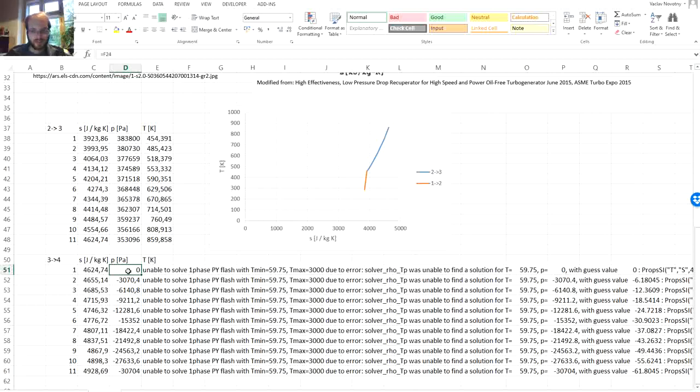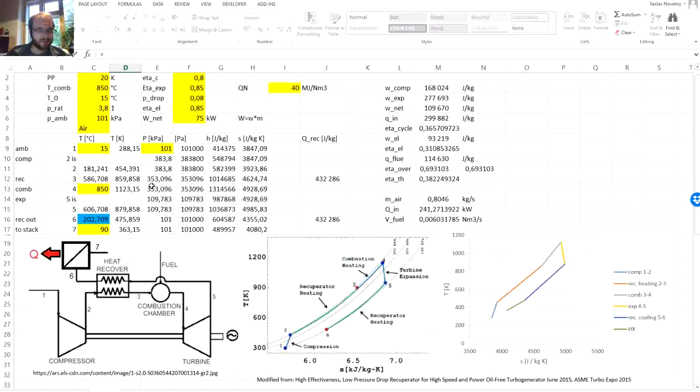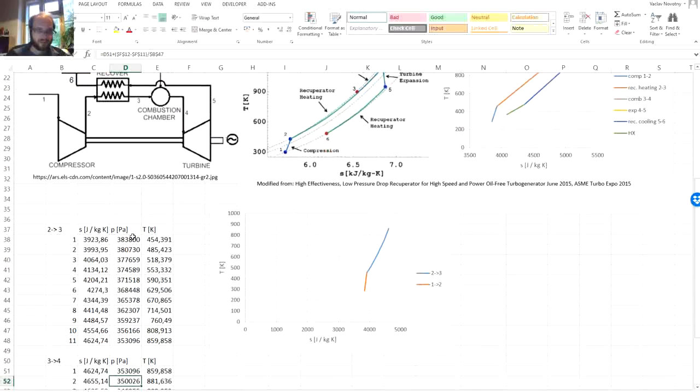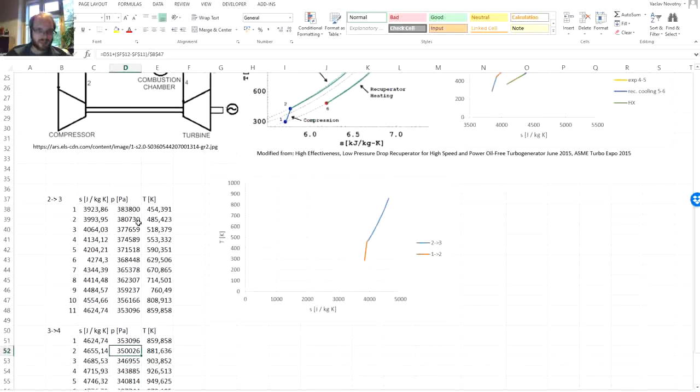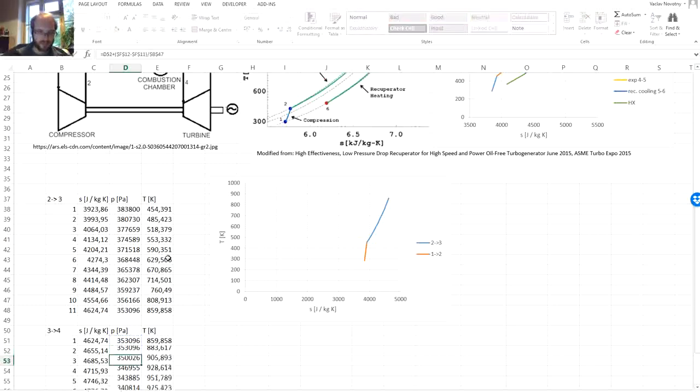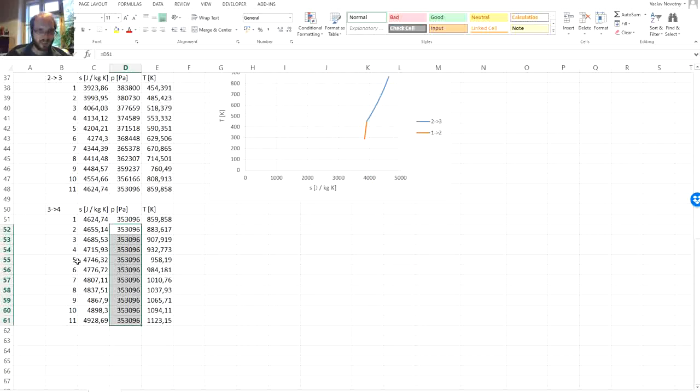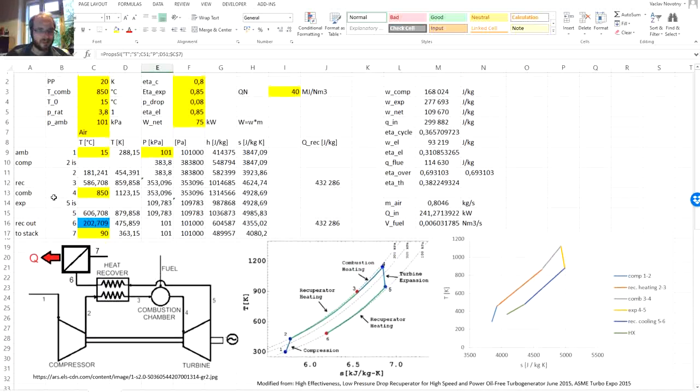Similarly for the pressure, the first pressure is at point 3, but here we did not assume any pressure drop, so we could do the same process as up there, but since the pressure is the same, we can just copy the pressure throughout our process, and we get the temperature changes from 859 to 1123. Temperature at the end of combustion is 1123.